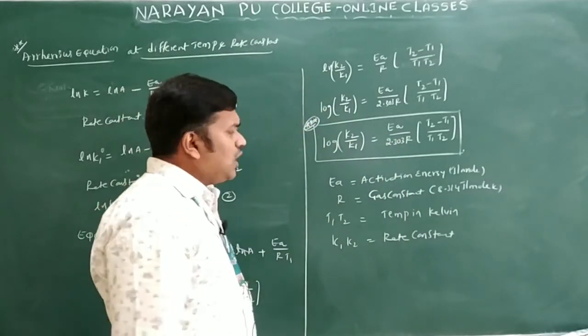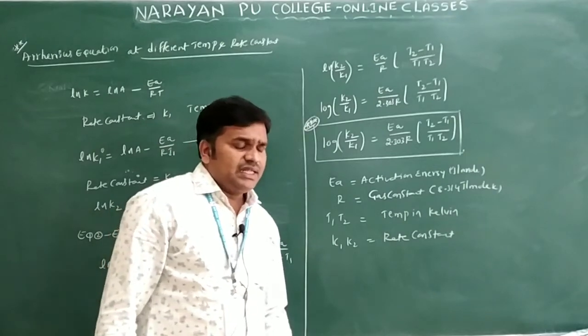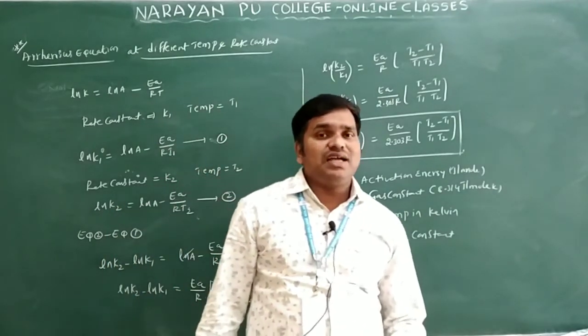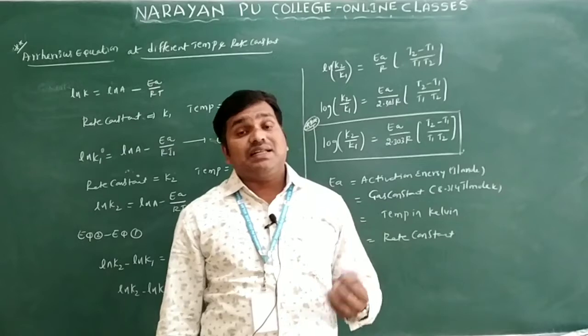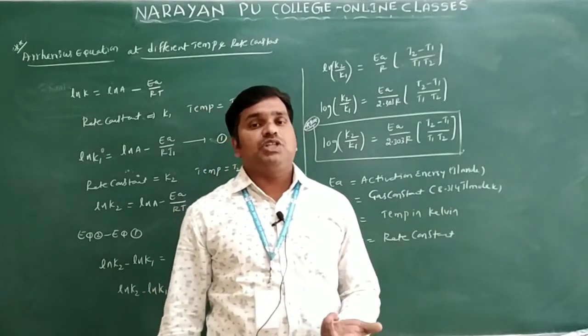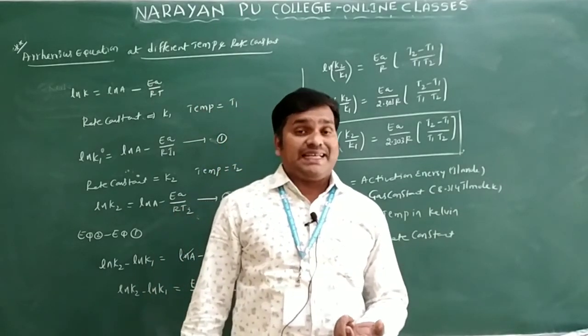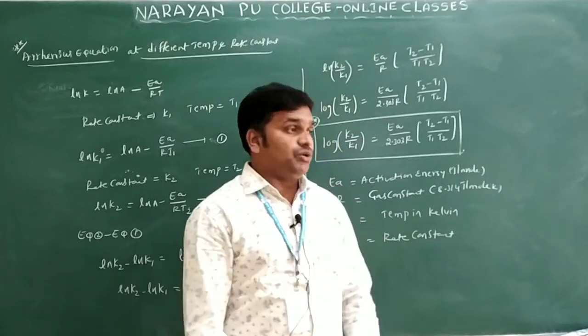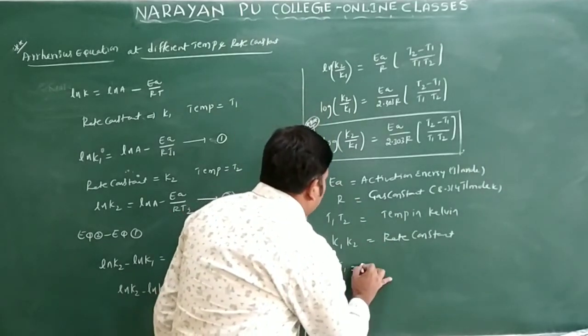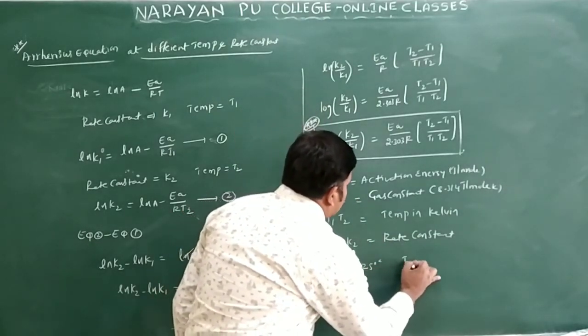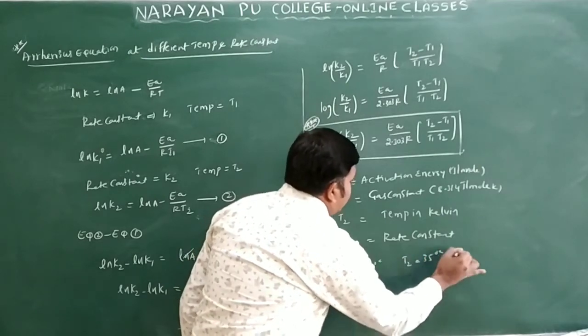Experimentally they identified that if you raise the temperature by 10 degrees Celsius, the rate constant becomes double. Suppose T1 is 25 degrees Celsius and T2 is 35 degrees Celsius.